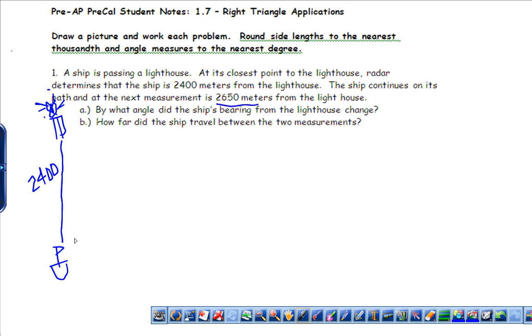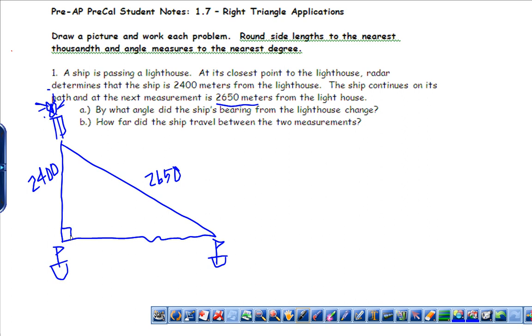Okay, so my ship is going to continue on its path, and still measuring to the lighthouse, I have 2,650 meters. So I have drawn a right triangle, of course.